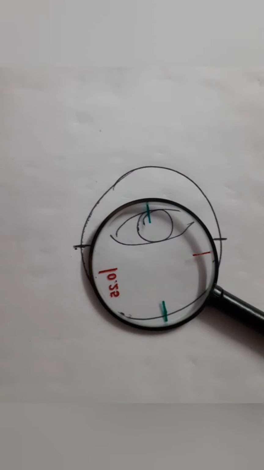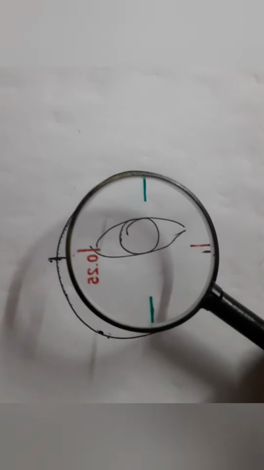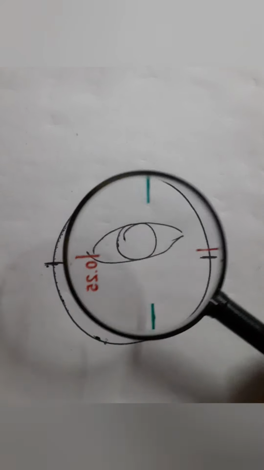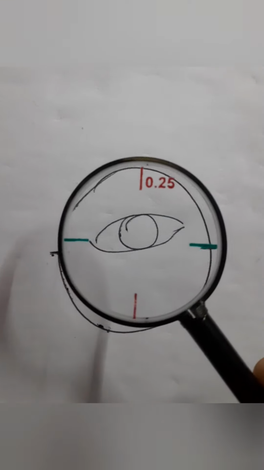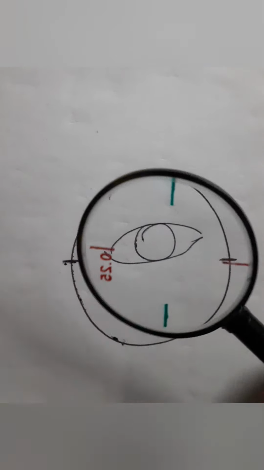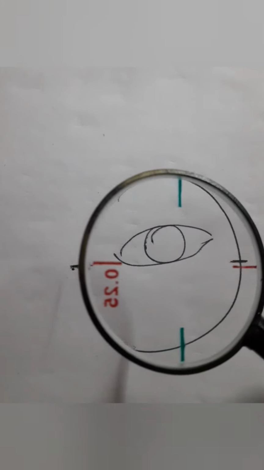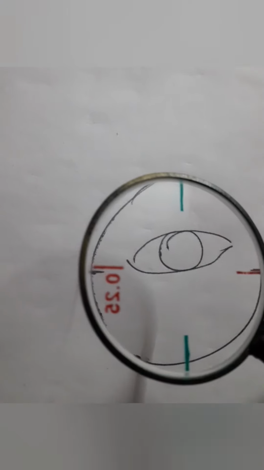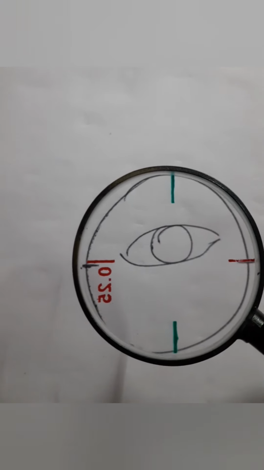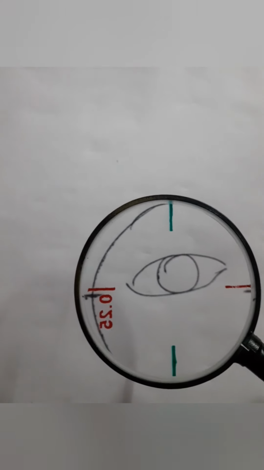After doing the axis refinement, we will do power refinement. For that purpose you need to align the JCC axis with the cylindrical axis and then flip it like this. Ask the patient whether the position 1 image is better or the position 2 image is better. If the patient says position 1 image is better, then in position 1 you can see the red line there, that means you need to add minus, because the power was minus.